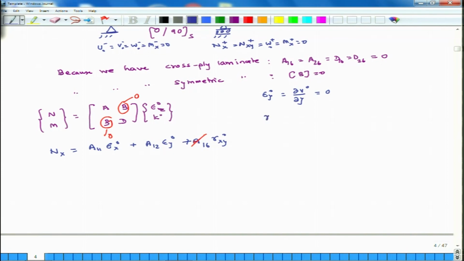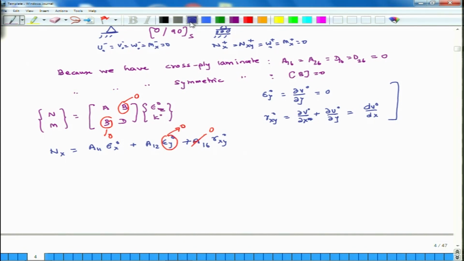Similarly, gamma xy naught is del v naught over del x plus del u naught over del y, and so again, if I ensure that the partial derivative with respect to y is 0, then it is equal to dv naught over dx. So, in this relation for Nx, A16 is 0 and also epsilon y is 0.